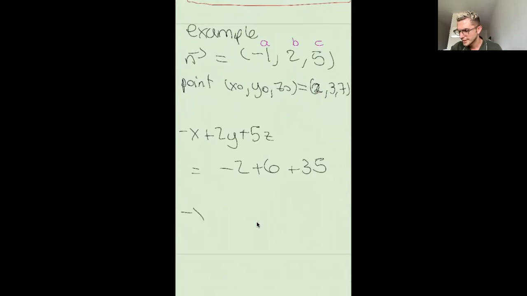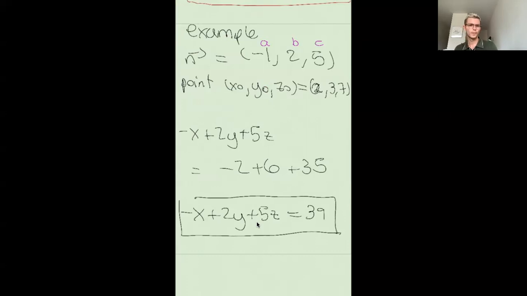And so you get minus x plus 2y plus 5z equals 39. Is that okay? And that's more or less how the equation of a plane looks.